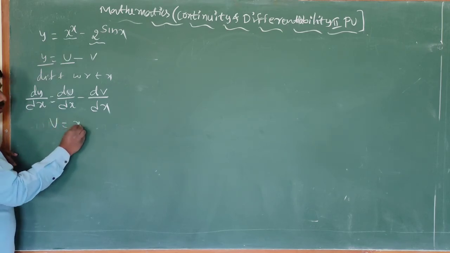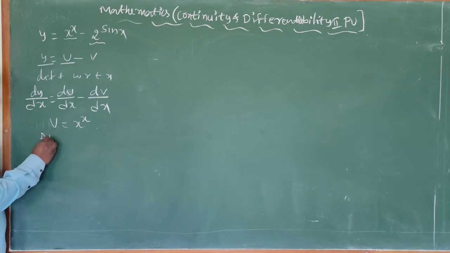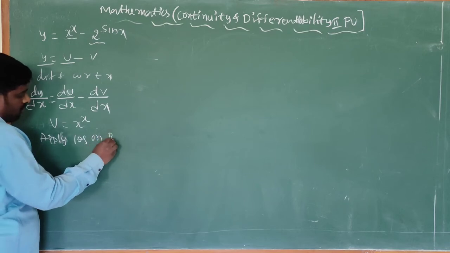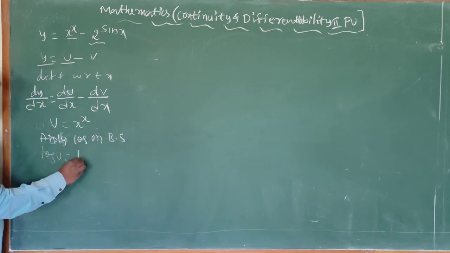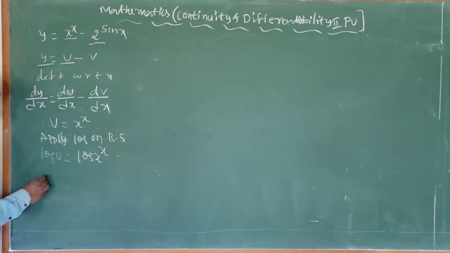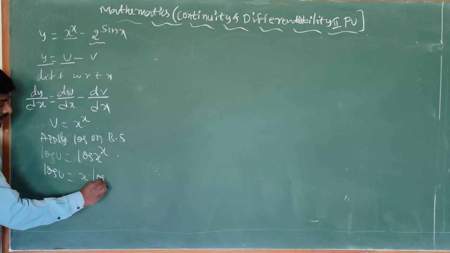u is equal to x to the power of x. Apply log on both sides. Log u is equal to log x to the power of x, so that is log u is equal to x log x.